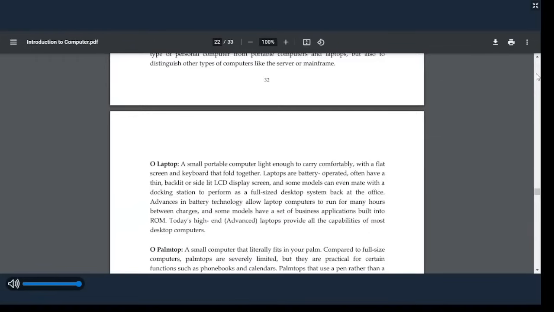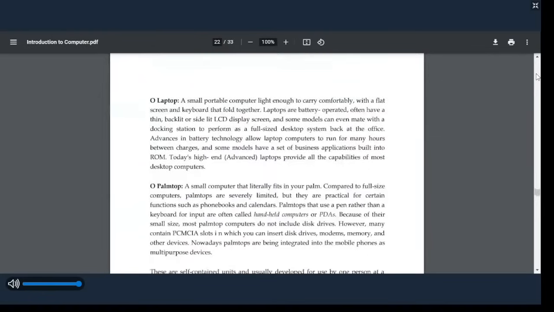So a small computer that literally fits in your palm, that's what we call a palm top. Compared to a full-size computer, palm tops are severely limited, but they are practical for certain functions such as phone books and calendars.